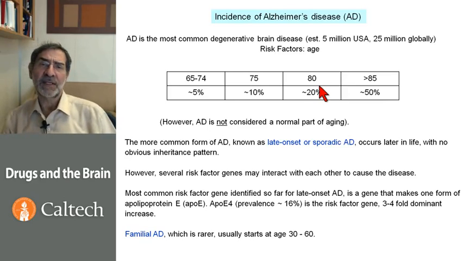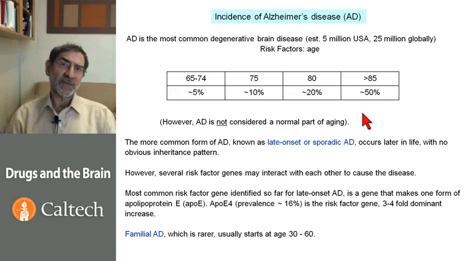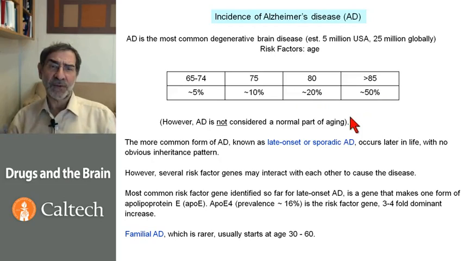We see roughly a twofold increase in the incidence of Alzheimer's disease every 5 years or so after people get older than 65. So at 75, we have a 10% incidence, at 80, 20%, at 85, more than 50%. Despite this increasing incidence as people get older, it's not considered a normal part of aging.